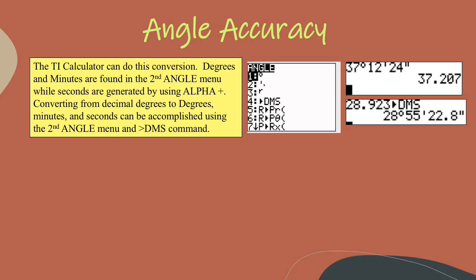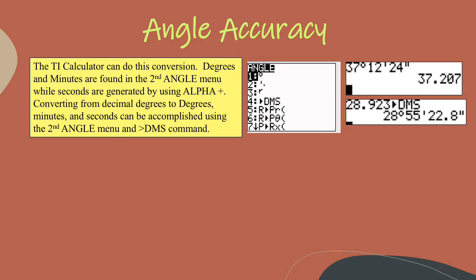So 37 degrees, 12 minutes, 24 seconds would be typed in using 37, second angle 1, 12, second angle 2, 24, alpha plus. And to 3 decimal places, our answer is 37.207 degrees.